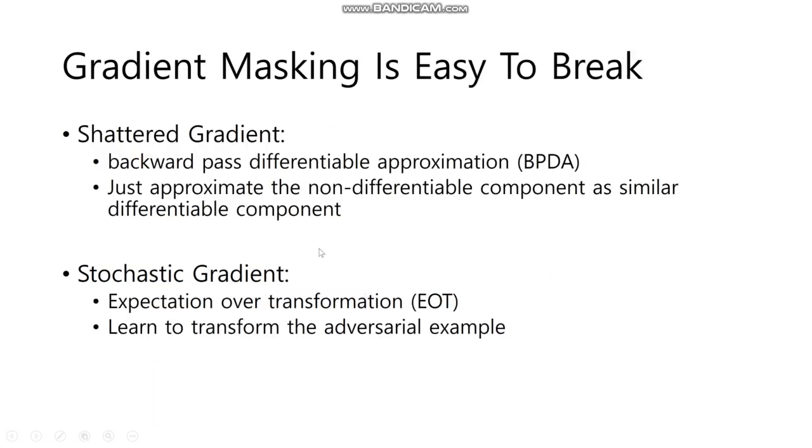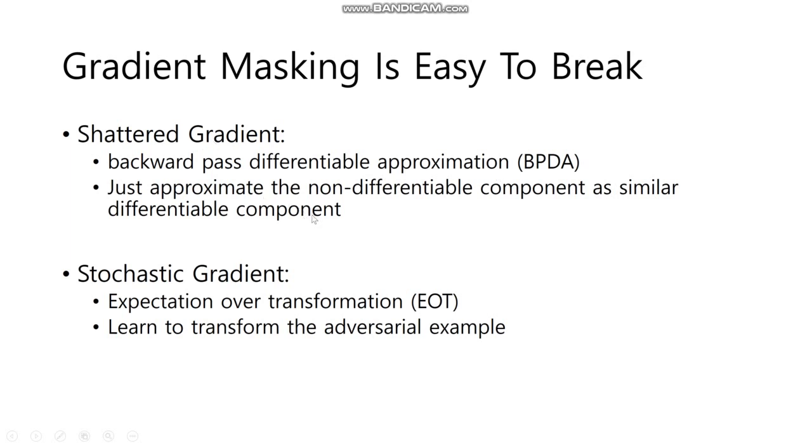However, unfortunately, what this paper proposes is that such gradient masking is easy to break. For shattered gradients, which is adding a non-differentiable component to the neural network, they propose backward pass differentiable approximation. It is just approximating the non-differentiable component with a similar differentiable component.